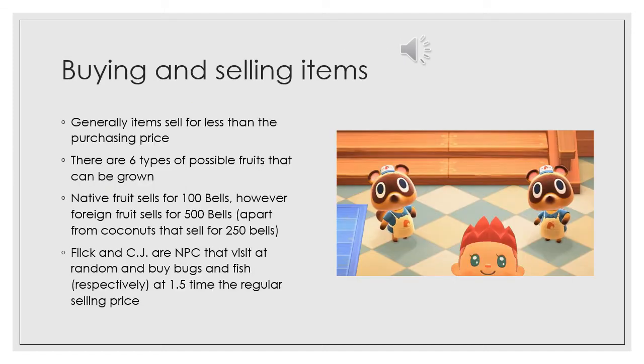In the game, as I've already said, there is a currency. With this currency, you can buy and sell various different items, and generally, items sell for less than how much you would buy the items for. There are also 6 possible different types of fruits, one of which will be your native fruit, which sells for significantly fewer bells than a fruit that is not originally on your island.